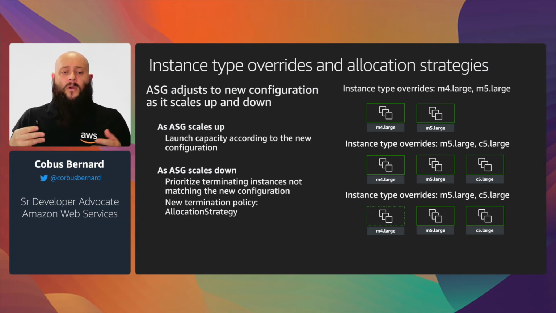When it starts up, you can say that I prefer spinning up an M5 large over an M5 2XLarge. And if that capacity is available, the auto-scaling group will scale up with that preference in mind. Then also when it scales down, it takes that preference into account and sees, well, can I scale down the M5 2XLs before I scale down the M5XLs because of my load that went down? So we've built this into the auto-scaling groups.